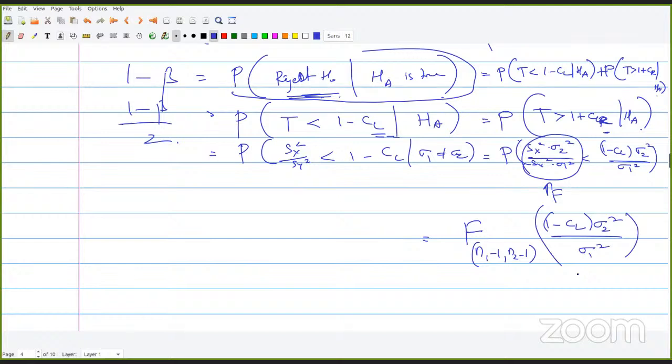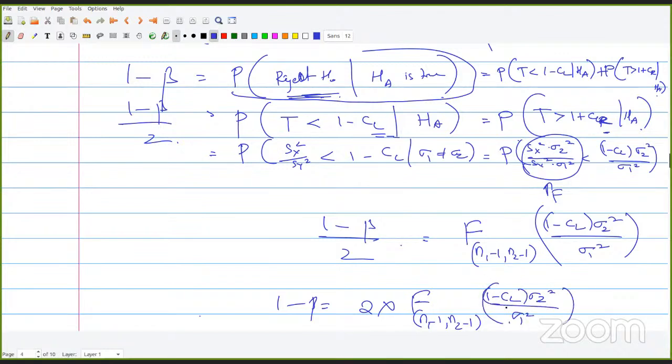Correct? This will be equal to 1 minus beta by 2. So from here you can get 1 minus beta, which is the power. So 1 minus beta is 2 times F n1 minus 1, n2 minus 1 of 1 minus CL sigma 2 square by sigma 1 square.